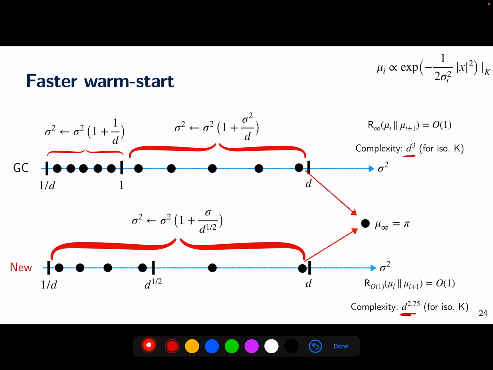In their Gaussian cooling algorithm, in order to invoke the complexity of the Ball Walk, which requires Rényi infinity warmness, they need to take a conservative update to ensure any two distributions are close in Rényi infinity. On the other hand, we know that now in-and-out's initial Rényi 2 warmness should be enough, so we can take a more aggressive update like that, so that we can ensure that any two neighboring distributions are close in Rényi O(1).